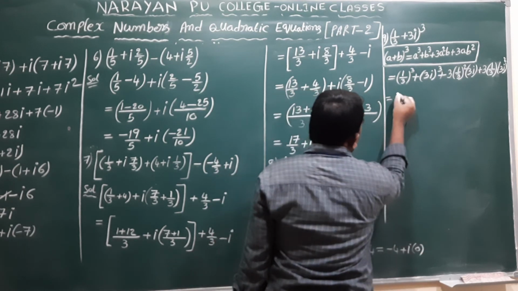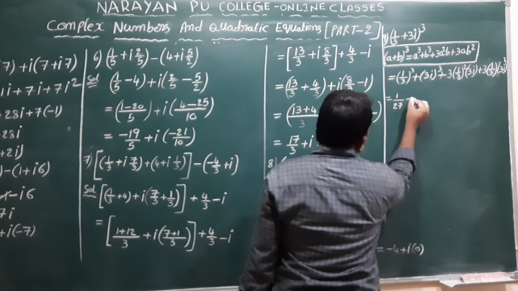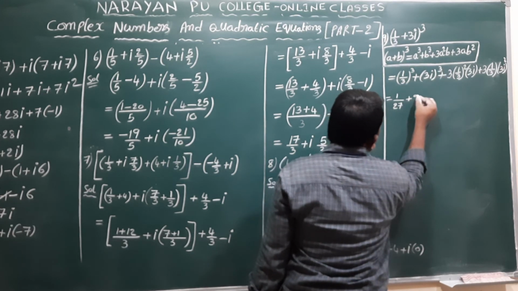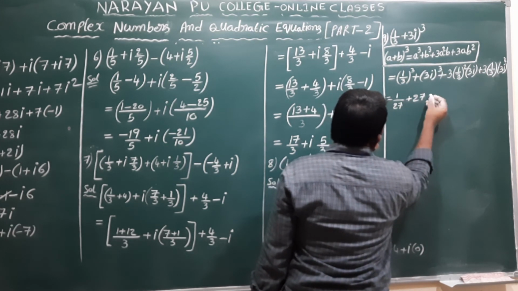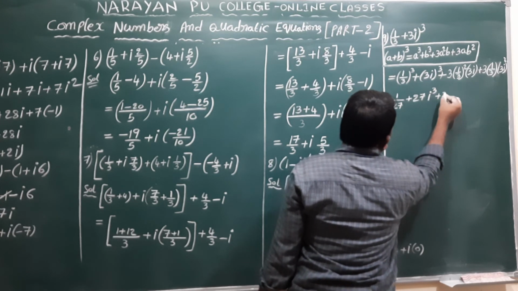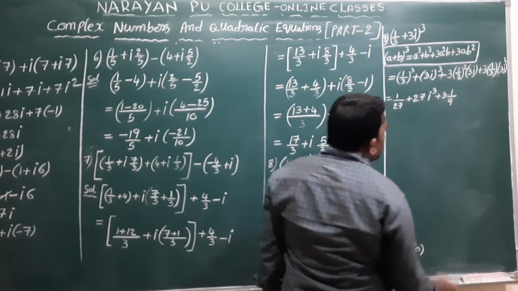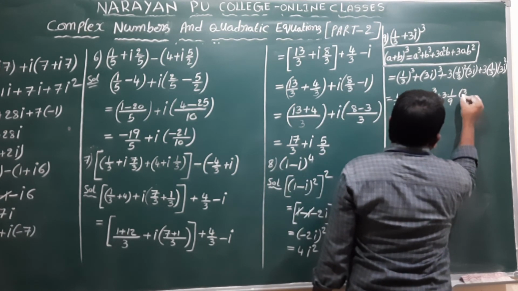1 by 3 whole cube, 1 by 3 cube is 1 by 27, plus 3 cube is 27, i power 3 is i cube only, plus 3 into 1 by 3 whole square is 1 by 9 into 3i.